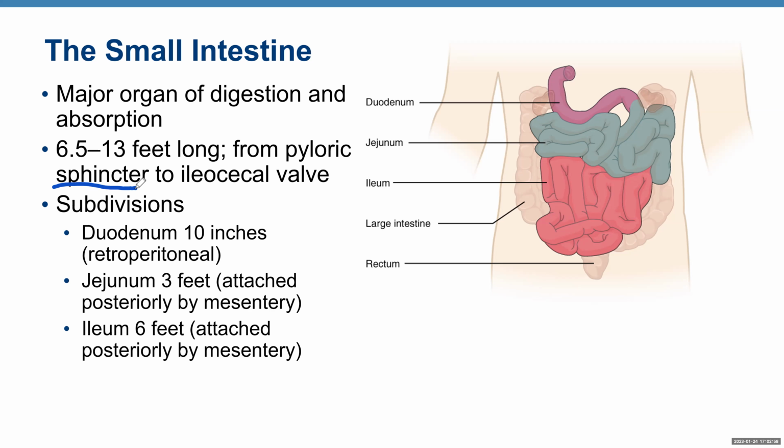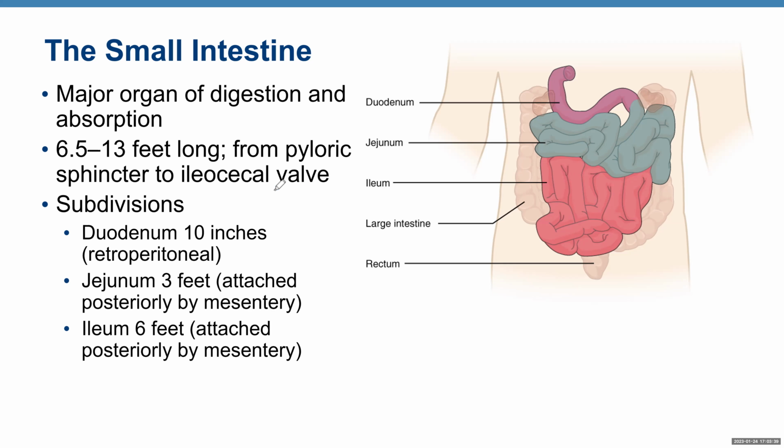The pyloric sphincter prevents chyme, the partially digested food, from going back to the stomach, and the ileocecal valve prevents the chyme in the large intestine from backing up into the small intestine. They just have a slightly different structure, which is why they have different names. A sphincter is a circular muscle, and a valve is more like the valves in the heart, so it's not as concentric muscles.